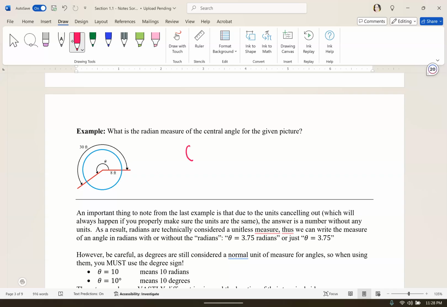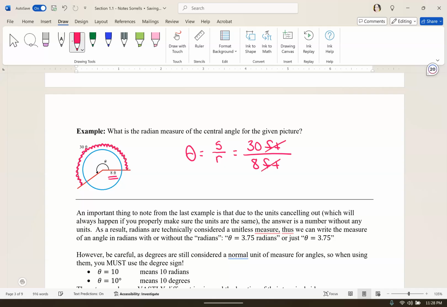So remember that your central angle is just equal to the arc length divided by the radius. So this arc length right here is 30 feet. The radius is 8 feet.